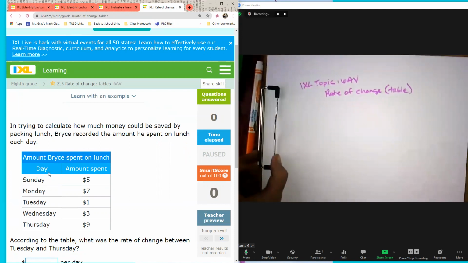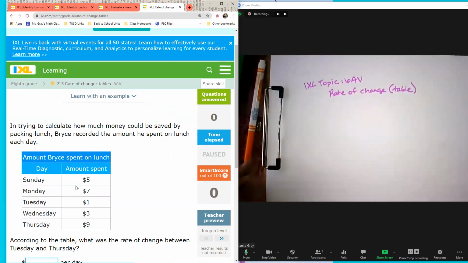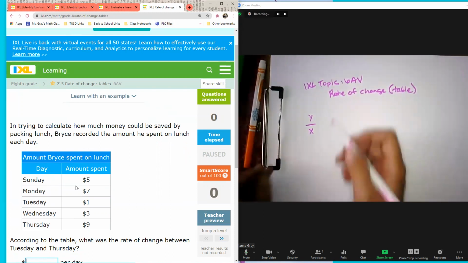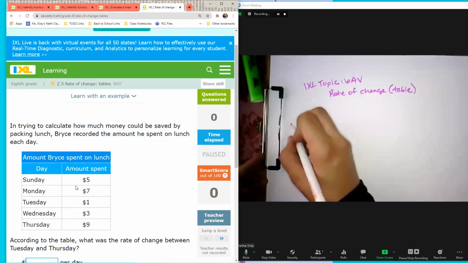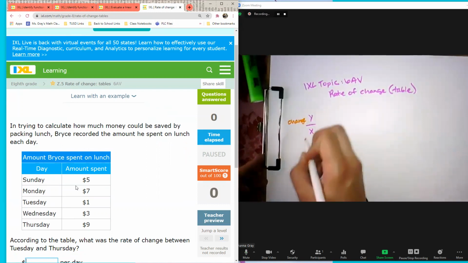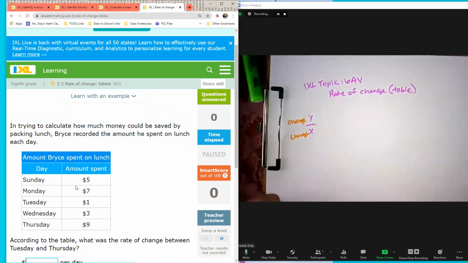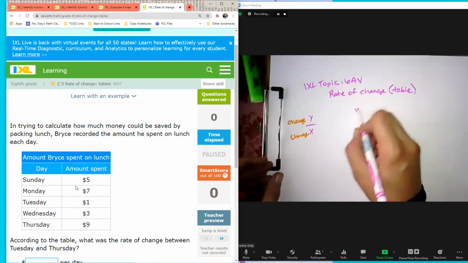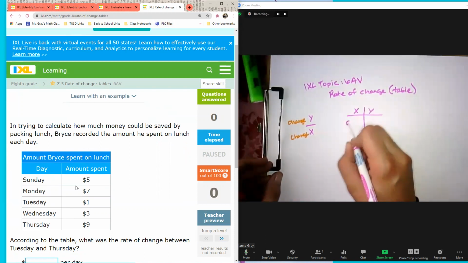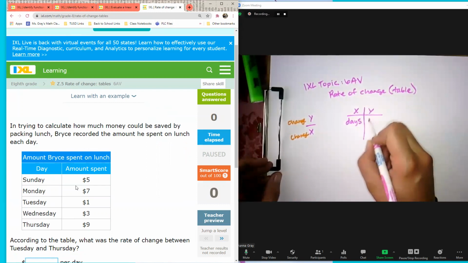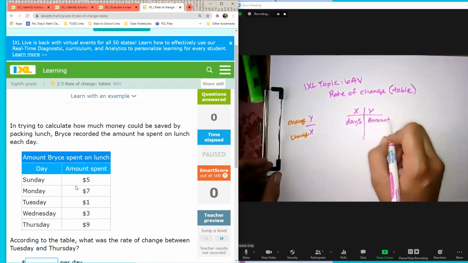So if you're looking at this table here, you're really comparing the Y amount over the X amount. What you're really doing is you're checking for the change in Y over the change in X. And so in our situation, X and Y is represented here with days and here with amount spent.